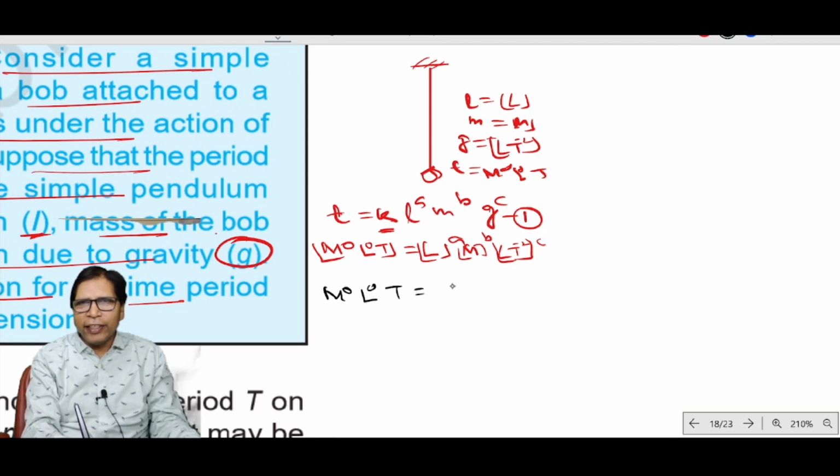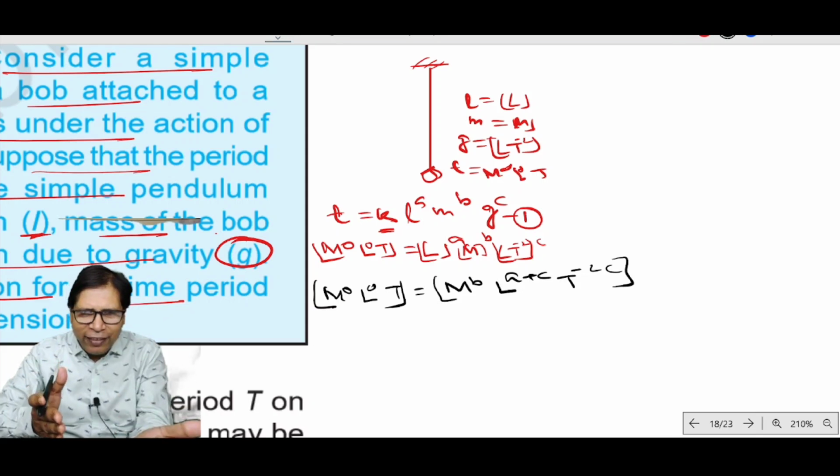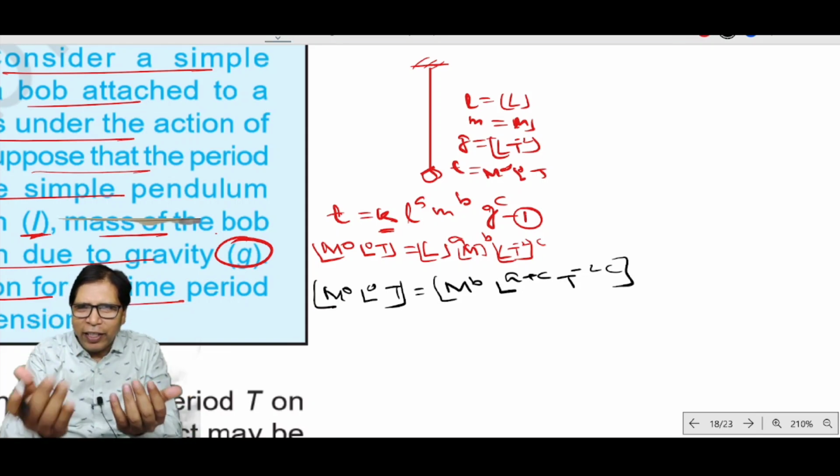This equals M to the power b, L to the power a plus c, and T to the power minus 2c. Now applying the principle of dimensional homogeneity, that is, the dimension of LHS is equal to the dimension of RHS.